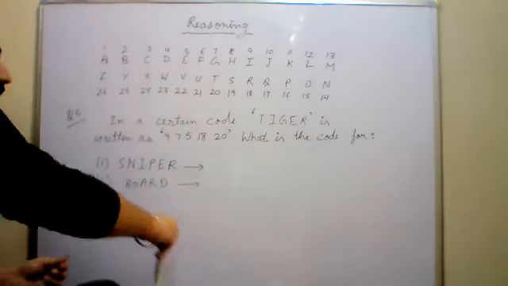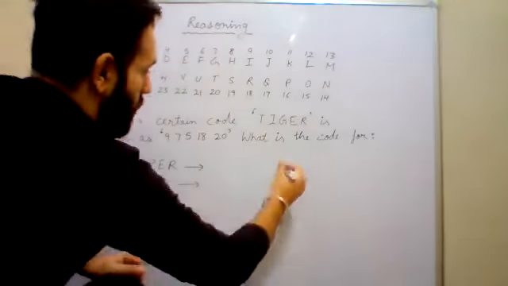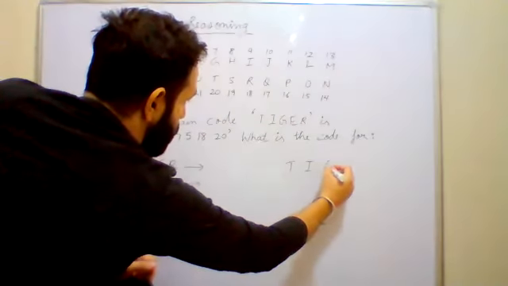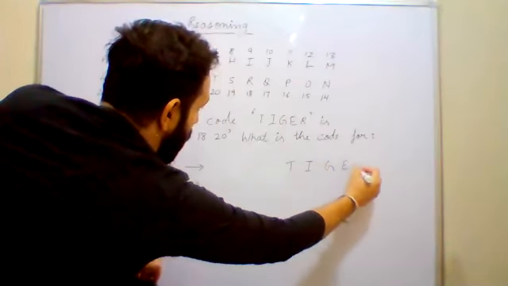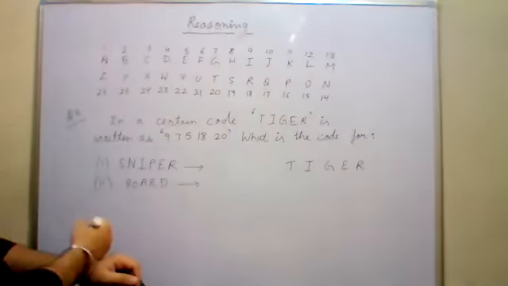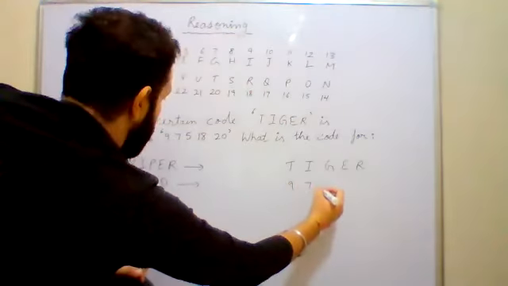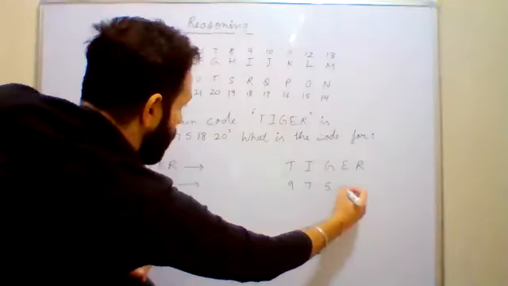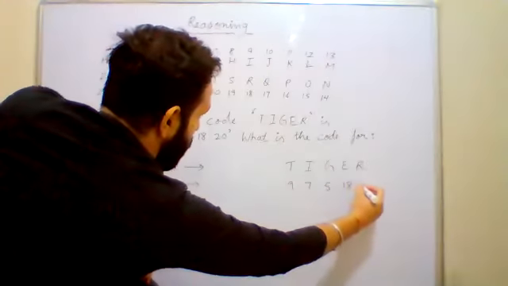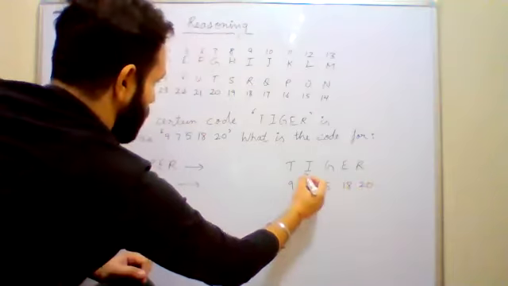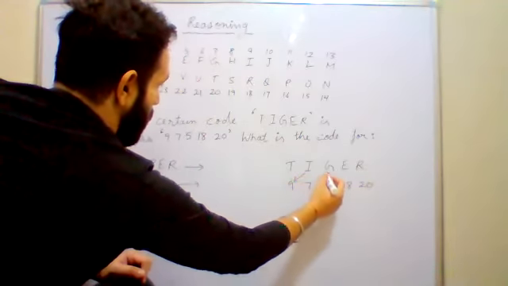Okay, let me show how this one is done. Tiger. Let me see how the coding is done. This is 9, 7, 5, 18 and 20. See how it is done.